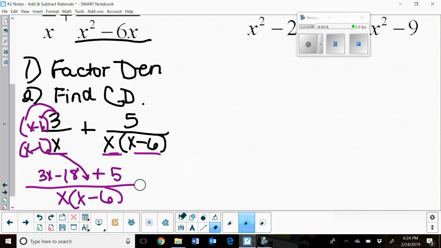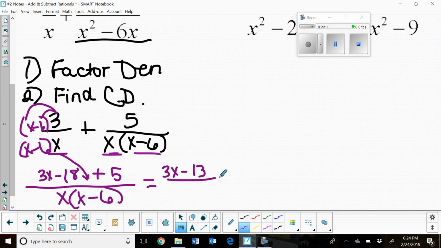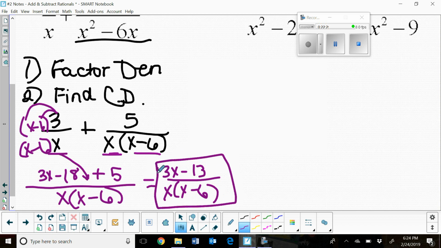Okay, and now I can simplify this by just adding my like terms in my numerator. So I have 3x minus 13 all over my factored denominator, x times x minus 6. Now, the numerator will not factor. 3x minus 13 doesn't factor, so I am finished.